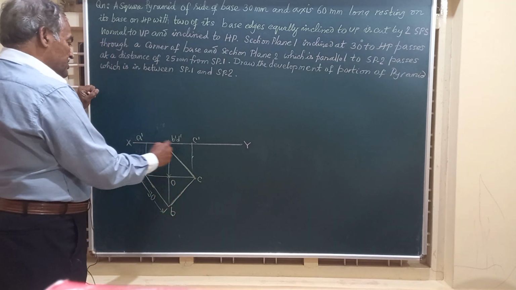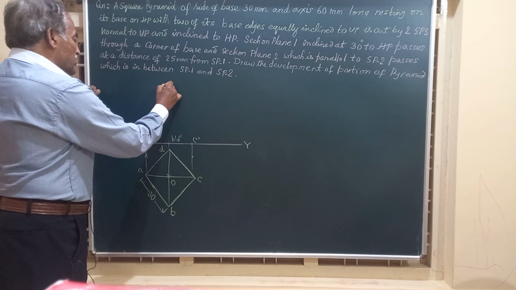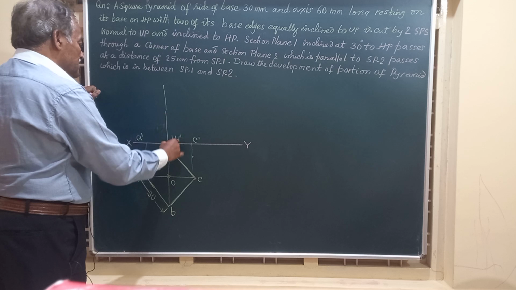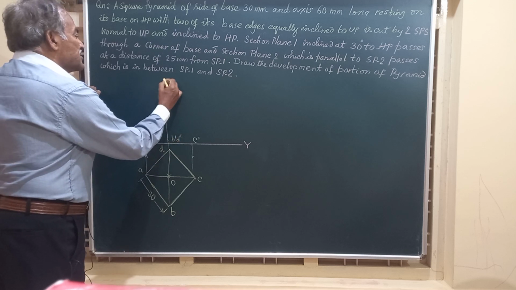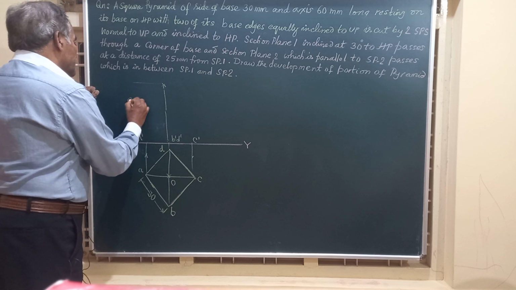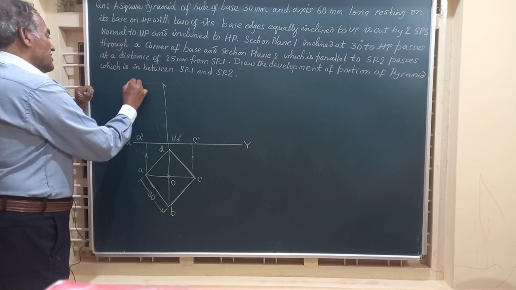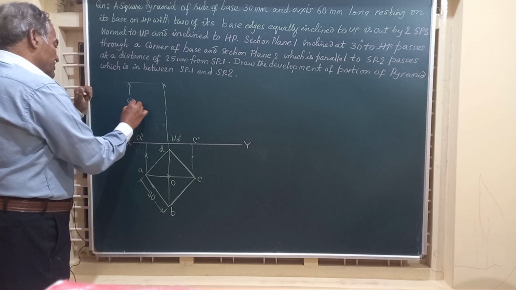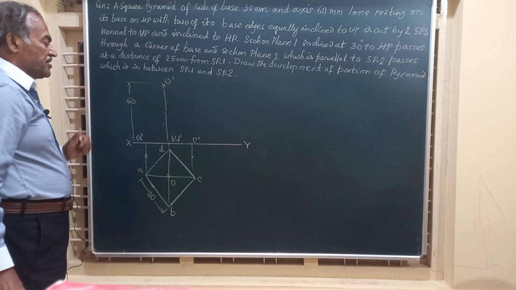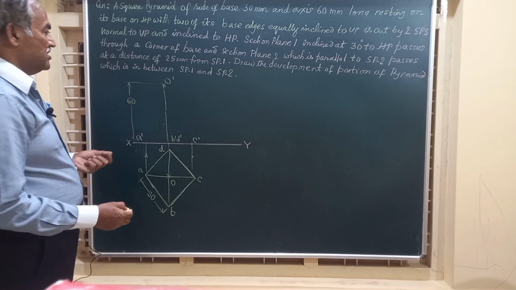So friends, on this, let us draw the axis having height equal to 60 millimeter. I mark a height of 60 millimeter. That is the height of the pyramid in the front view. So now this is O dash, the front view of the vertex.